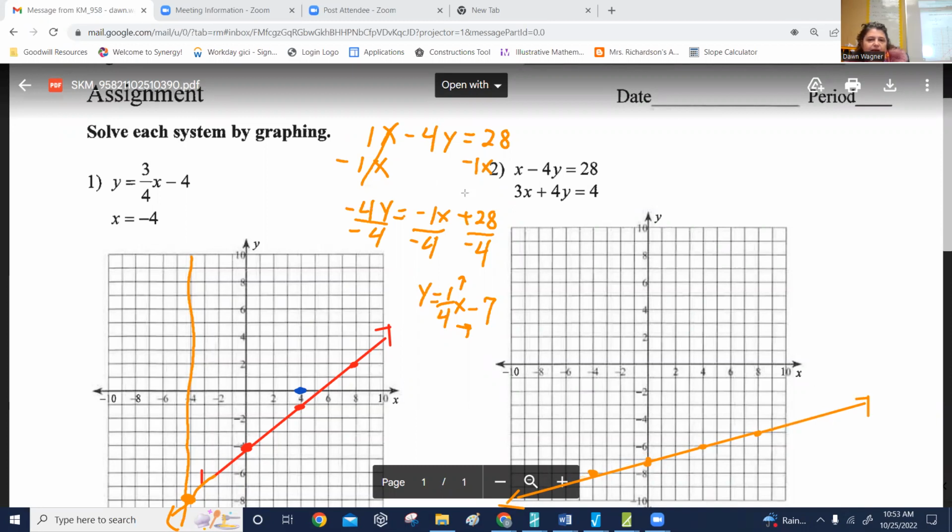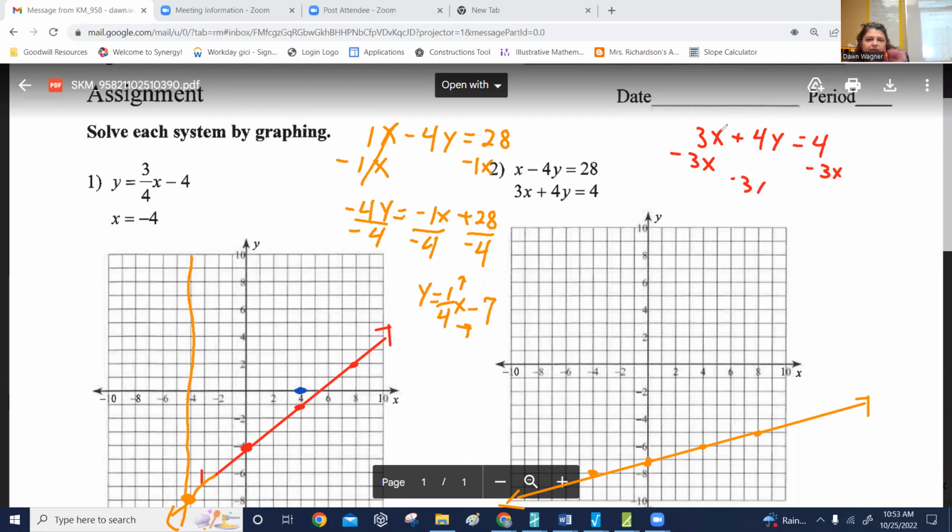Okay, that's that one. Now I'm going to do the other one. And I have 3x plus 4y is equal to 4. I'm going to subtract 3x on both sides. I get negative 3x.